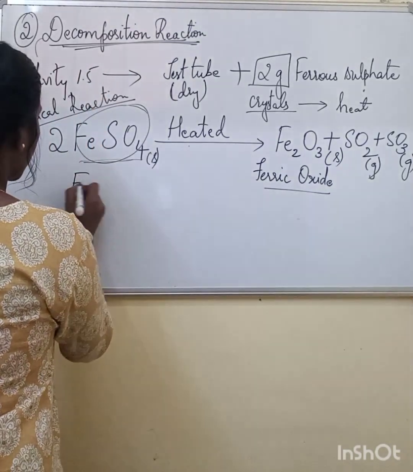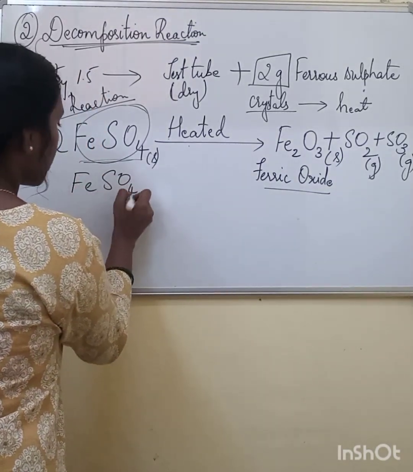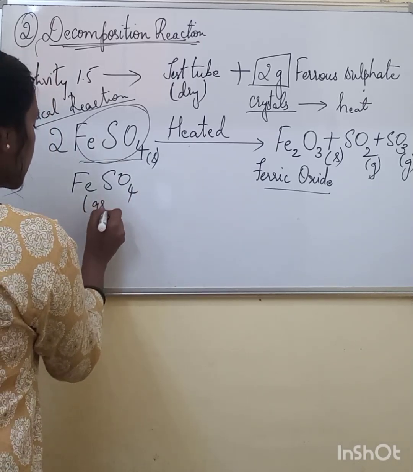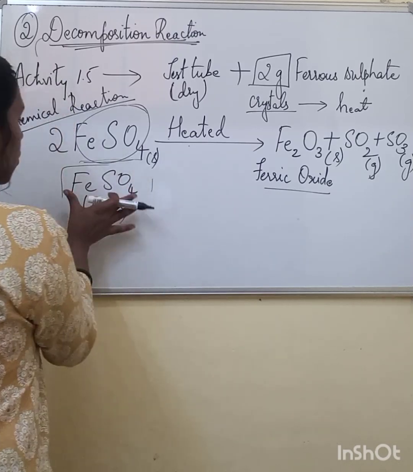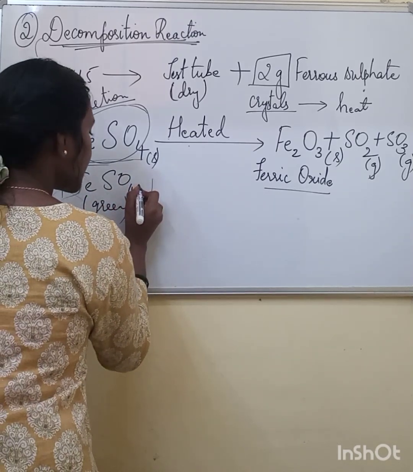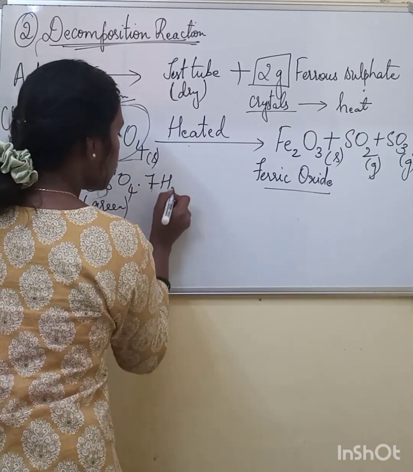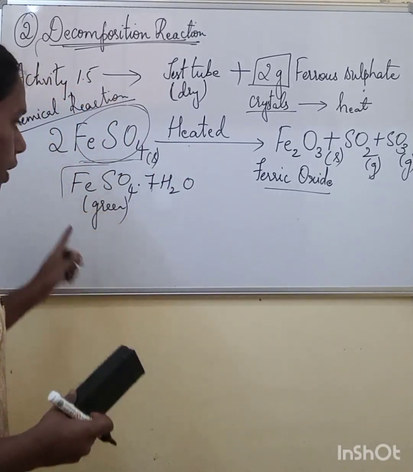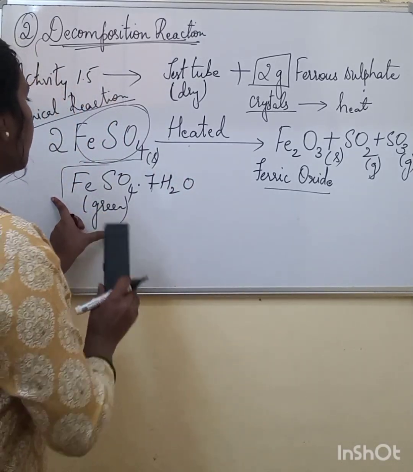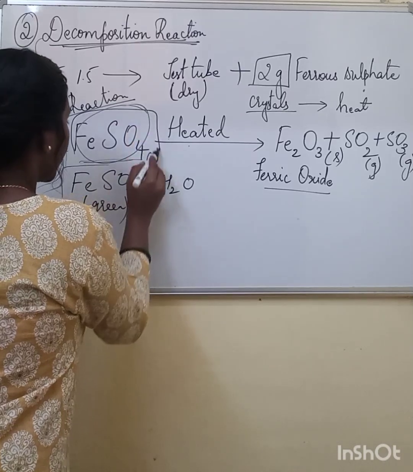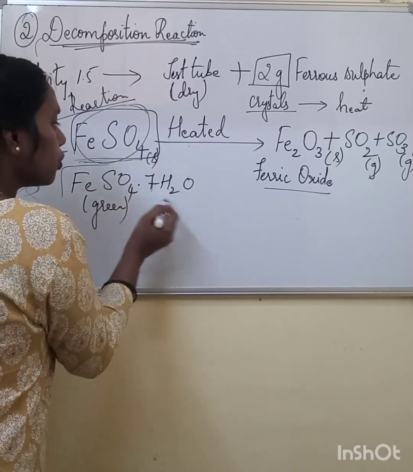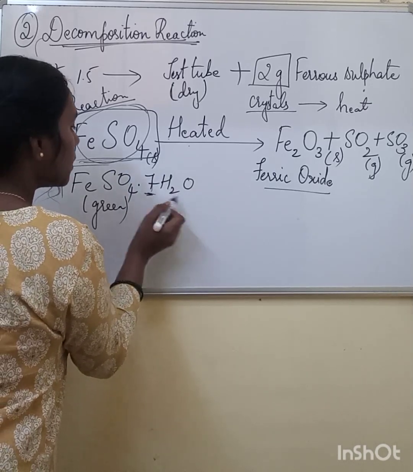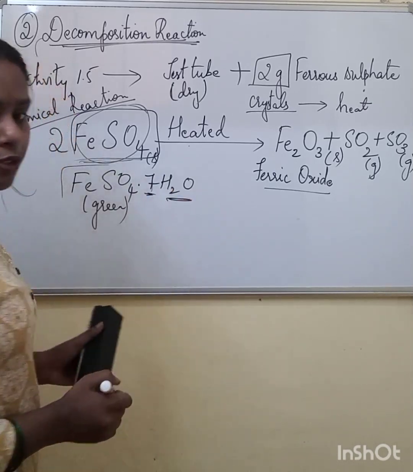Similarly, when you heat FeSO4 crystals, which was initially green in color, actually FeSO4 crystals are not just FeSO4. Instead, it is having 7 molecules of water. So for simple form we write it as FeSO4, but this FeSO4 crystal is having some amount of water in it. It is having 7 molecules of water attached to it.